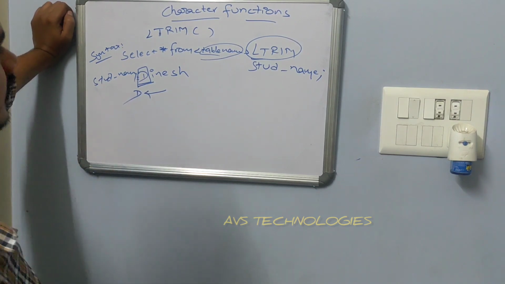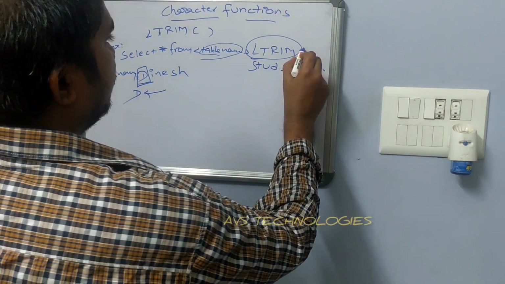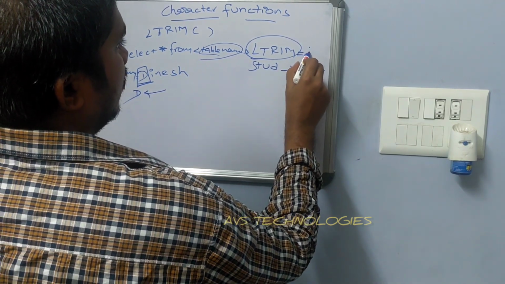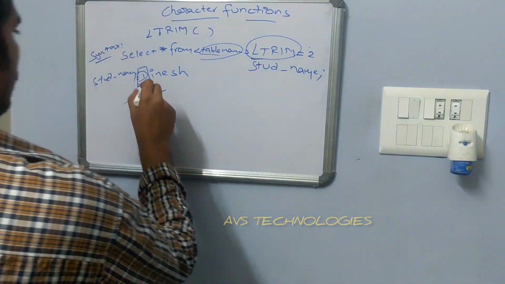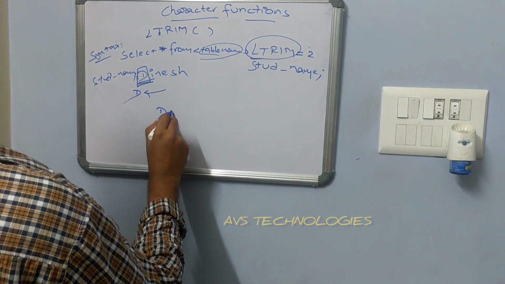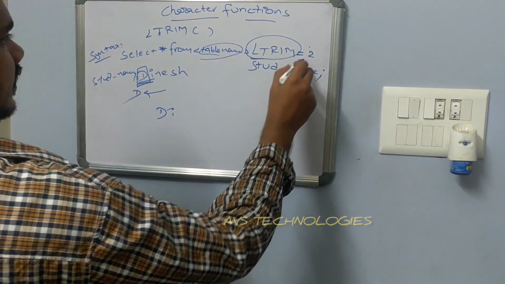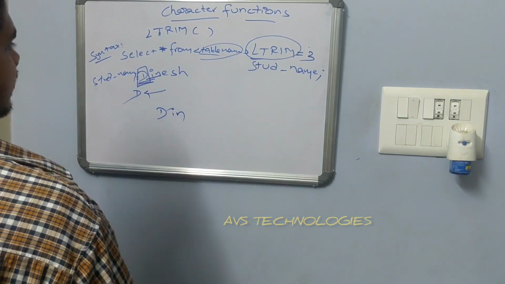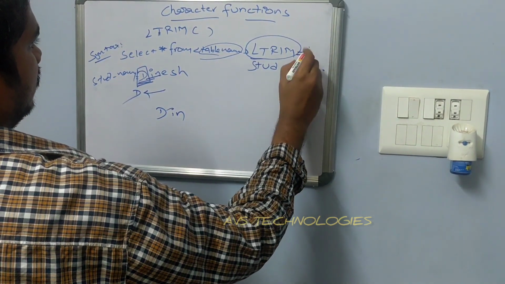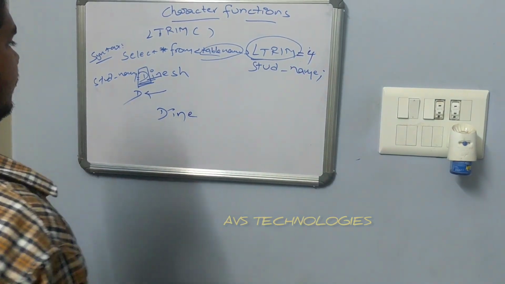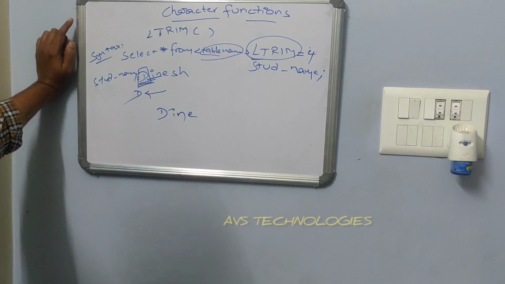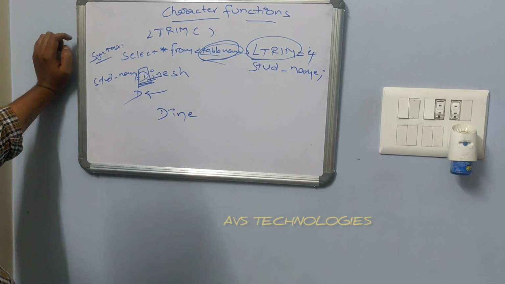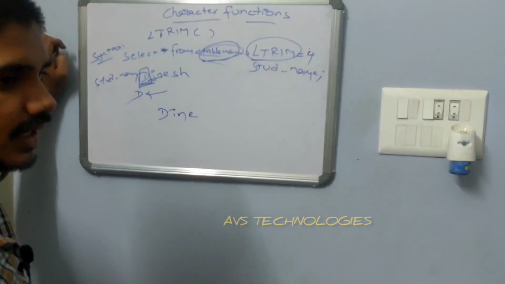It will trim D. If you mention ltrim 2, it will trim two letters, Di. If you give ltrim 3, it will trim three letters, Din. If we give 4, it will take E. This is how it trims the names of a particular table. This is how the ltrim character function works.